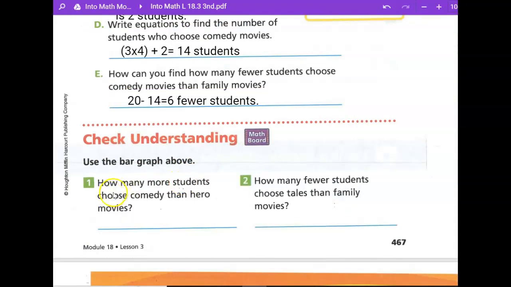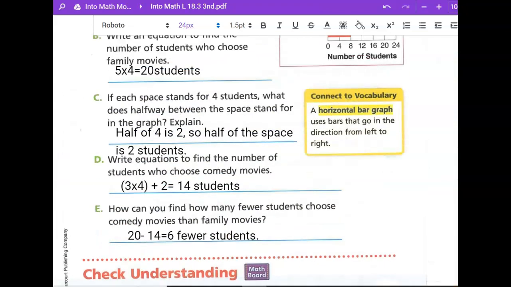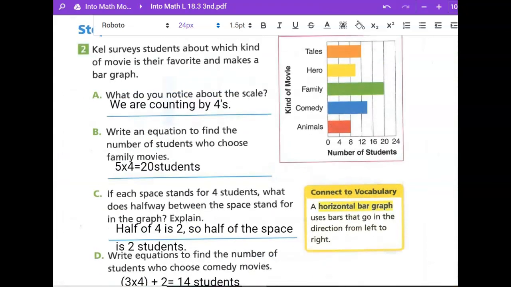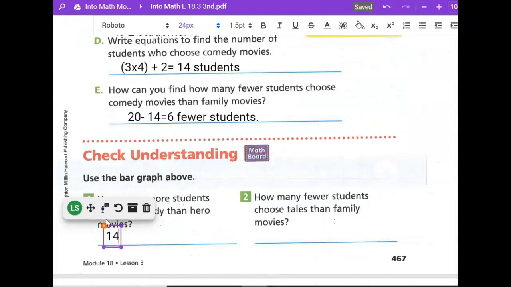And we know it says how many more students chose comedy than heroes. So 14 minus, what would he say heroes were? 10 equals 4 students.